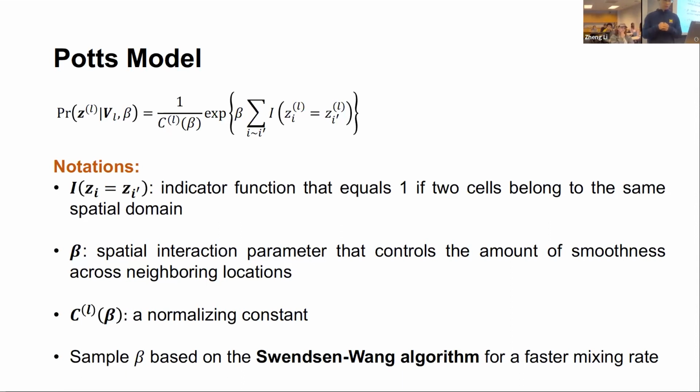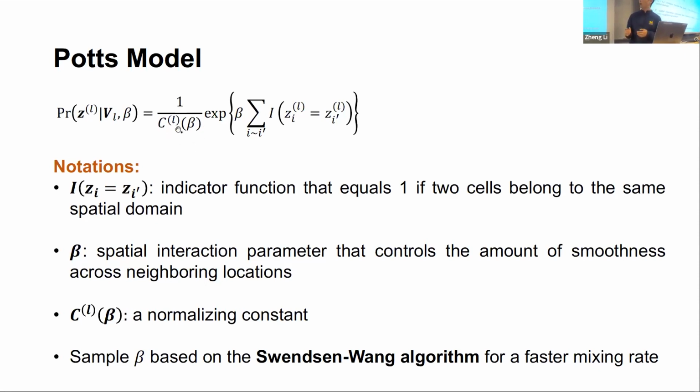So the model and the algorithm are based on the Bayesian framework. We basically follow the standard Bayesian inference framework. We use Gibbs sampling and the Metropolis-Hastings algorithm to sample all the parameters from their full conditional distributions. But in this process, because we also want to sample beta and to finally infer beta, but this C of beta is a normalizing constant in this Potts model.